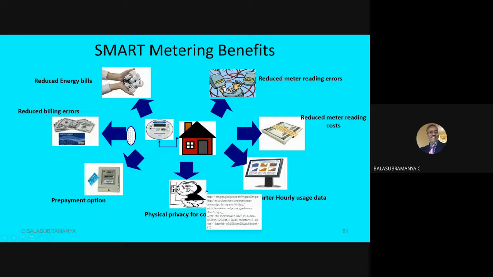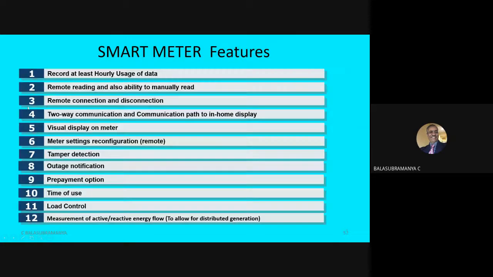Others should not know what you are using. Okay, this privacy is definitely very important to safeguard. Fine. But when you click here, probably you will take some links also. I will send you all these slides, don't worry. And then prepayment option, you can either opt for prepayment or a credit based system. These are all the major smart metering benefits occurring nationally, internationally.